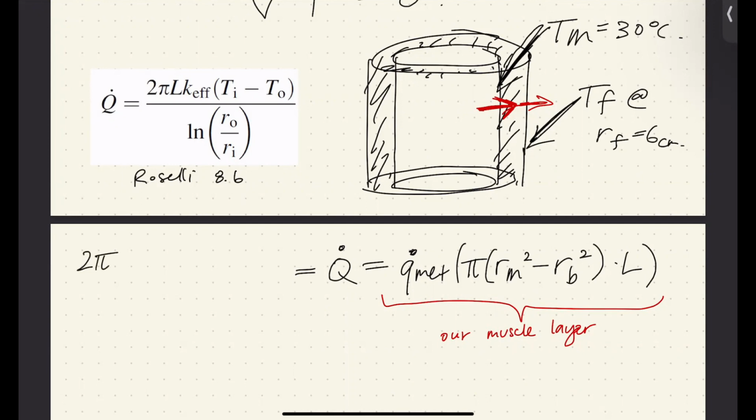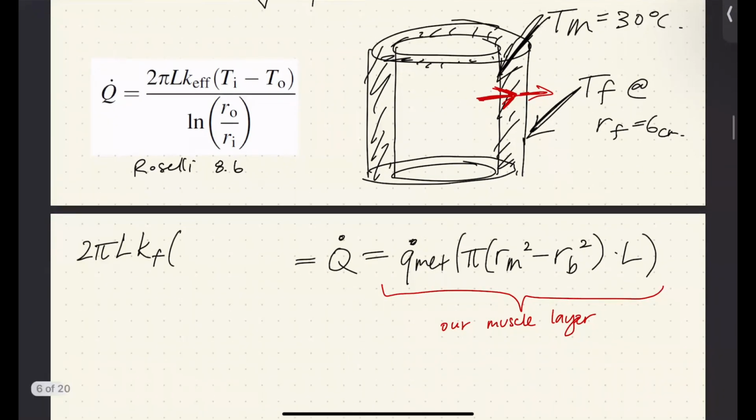So we have 2 pi L Kf, for the fat, and then we have temperature in and temperature out. The temperature in is the temperature of the muscle layer at 30 degrees Celsius. We already know that. And the temperature out is the fat layer, at radius F, which is 6 centimeters, that's 5 plus a thickness of 1.